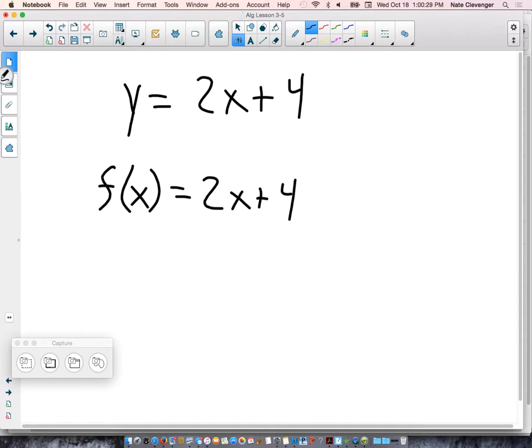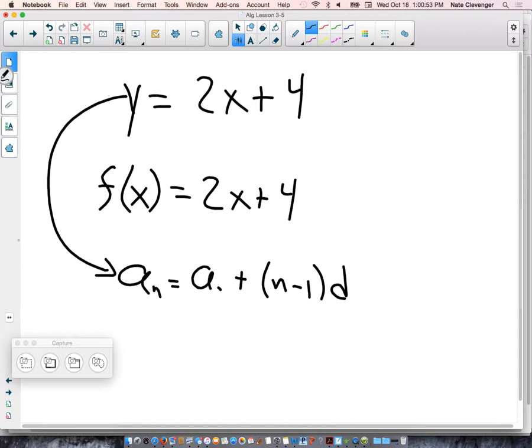Now, what we use today is a sub n. a sub n was a sub 1 plus n minus 1 times d. This is essentially what our y is. Rather than writing it as a sub n, we're going to write it as f of n.